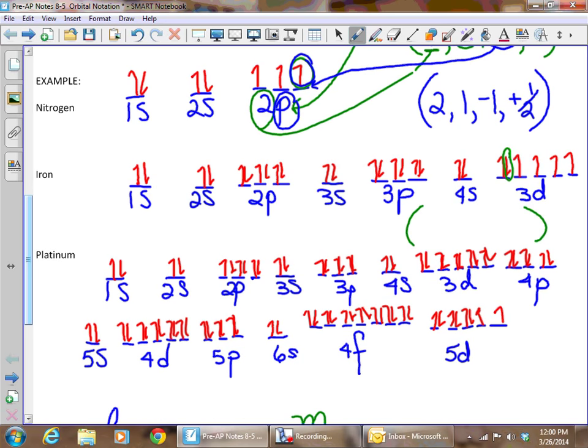Notice that the energy level that it is in is the third energy level, so that's going to be our first quantum number. It is a D sublevel, so look in the chart that you made and see that a D sublevel is given a designation of 2.